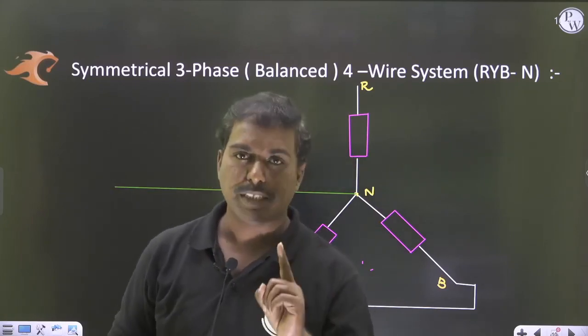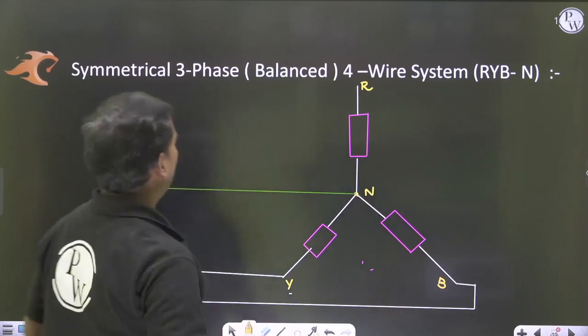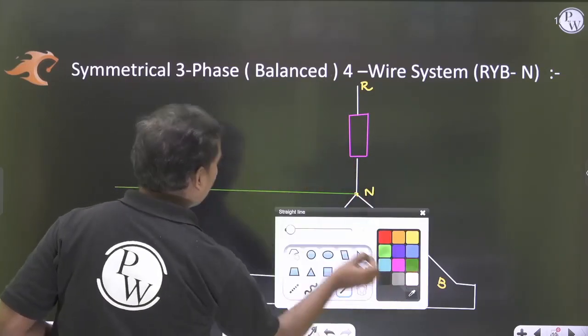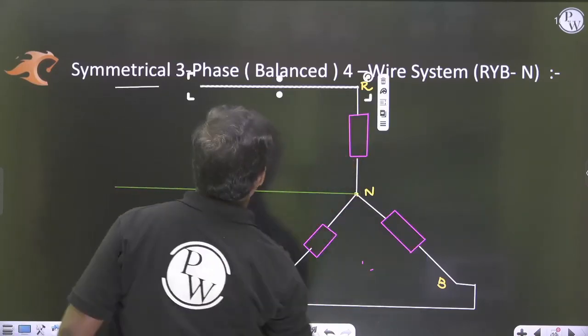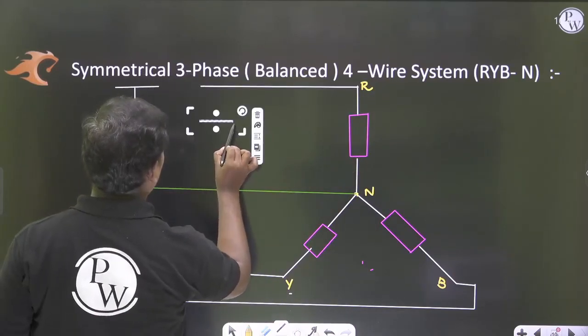I require a wattmeter. That wattmeter should have one current coil and one potential coil. So the current coil is in the line connected here. So one current coil I am taking here. The other potential coil I am connecting.